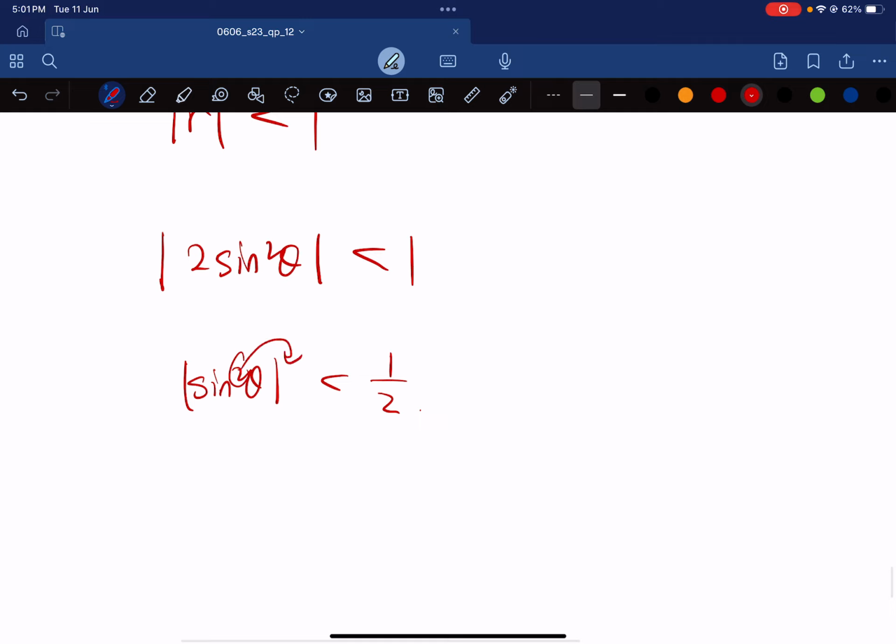The square can be taken out of the modulus, it doesn't matter, because both square and modulus have the effect of converting negative to positive.